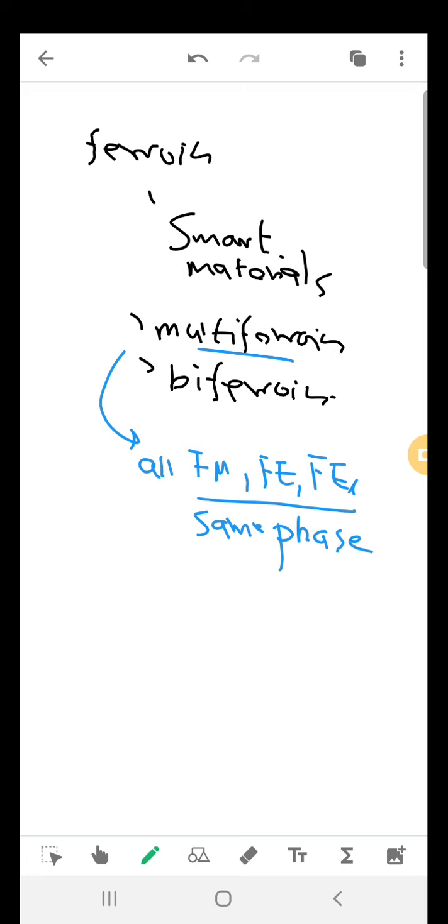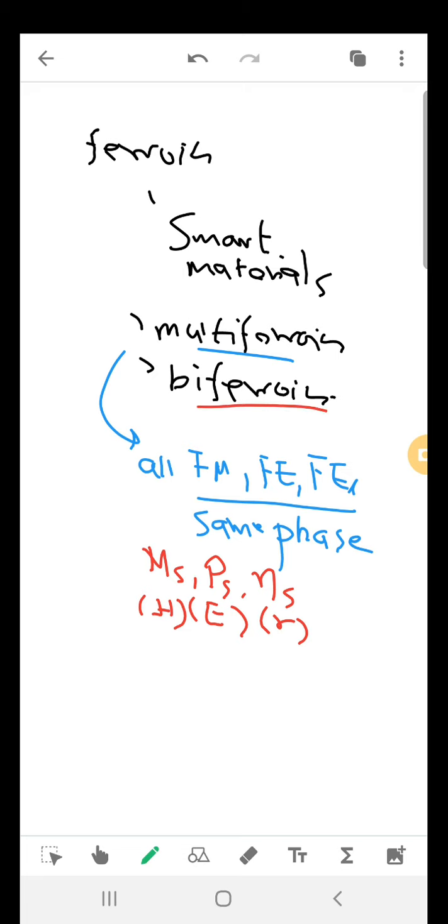This means that they have spontaneous magnetization which can be reoriented by an applied magnetic field, a spontaneous polarization, and a spontaneous deformation or elasticity, sigma S, due to magnetic field, electric field and stress.